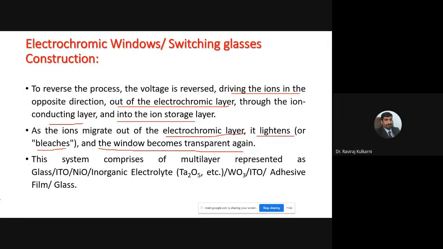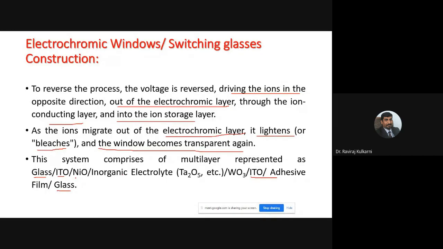This system comprises the electrochromic windows, or switching glasses. It contains a glass, two glasses, coated inside with ITO. They have mentioned an adhesive film, it doesn't matter, just to attach this film to glass.